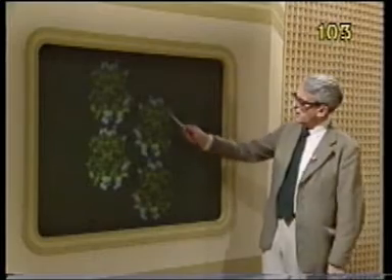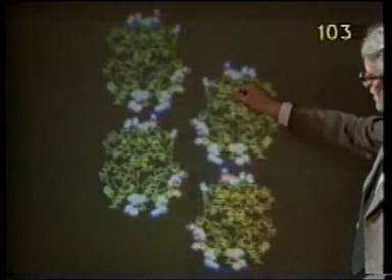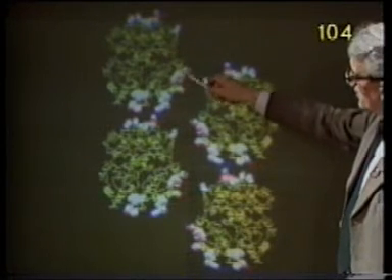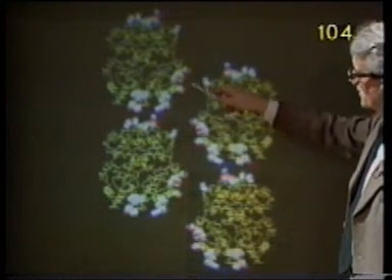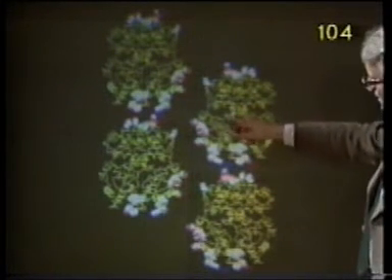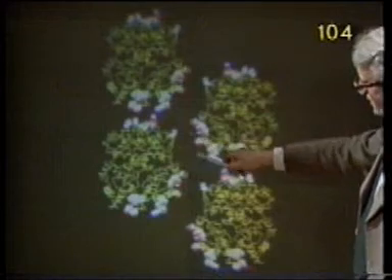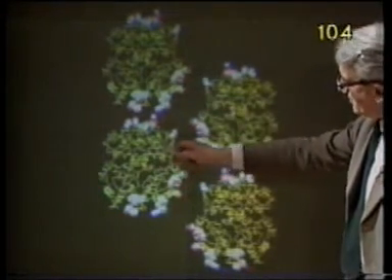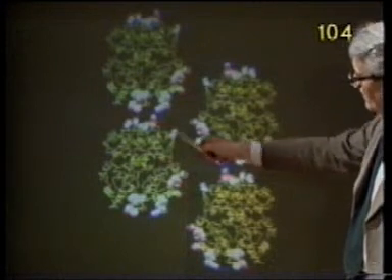Now, in sickle cell hemoglobin, we can imagine another such pair of molecules approaching our first pair in such a way that the new valine side chain forms a contact with this pocket which involved phenylalanine and leucine. And similarly, the phenylalanine-leucine pocket on our new hemoglobin forms a contact with the valine on the bottom hemoglobin of our first pair.